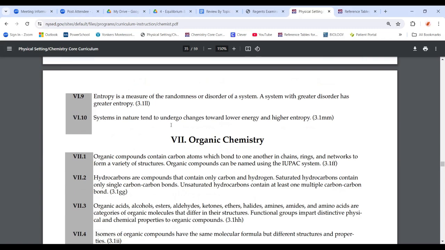Entropy is not the measure of randomness or disorder in a system. It is a good beginner definition. It's a little more complicated than that, but generally they're going to give you questions where you are creating a less ordered system. We've actually done this a lot.